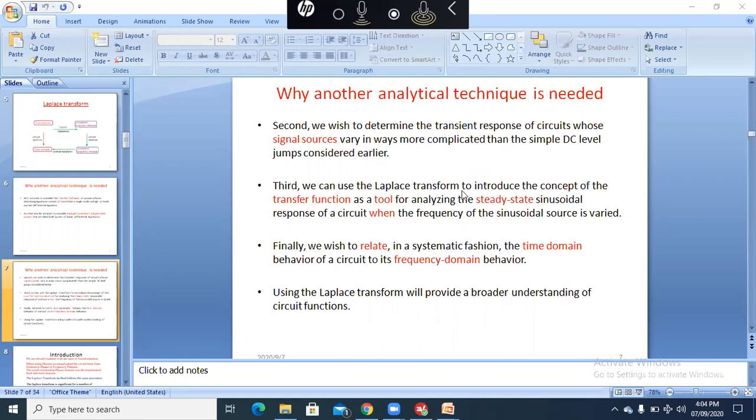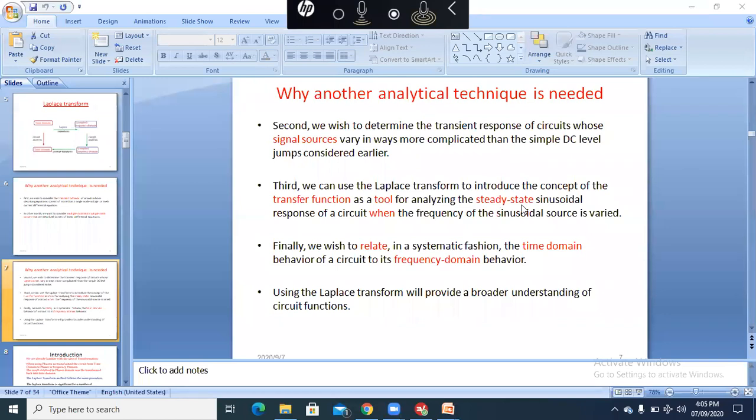Third, we can use the Laplace transform to introduce the concept of transfer function as a tool for analyzing the steady state. Steady state response is the response after the initial behavior of the circuit. So this response is stable. This is the stable response.